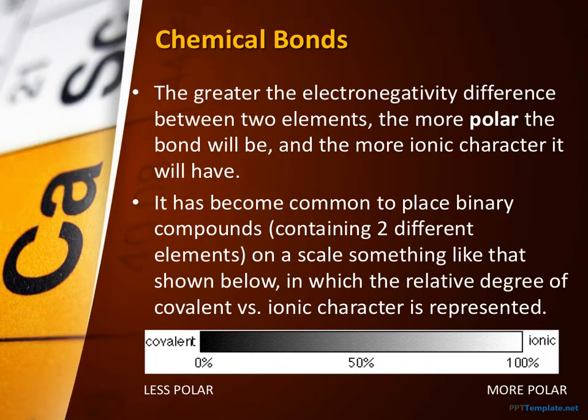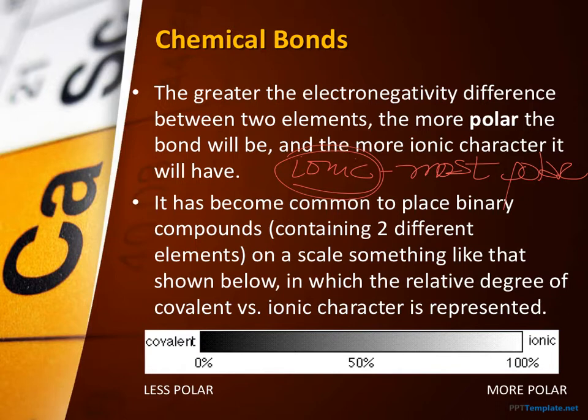So what makes a bond polar or nonpolar or ionic? Well, the first thing to understand is that an ionic bond is the most polar of all bonds. So when we say polar covalent, those are not yet as polar as an ionic. So ionics are the extreme of polarity. What does polarity mean?